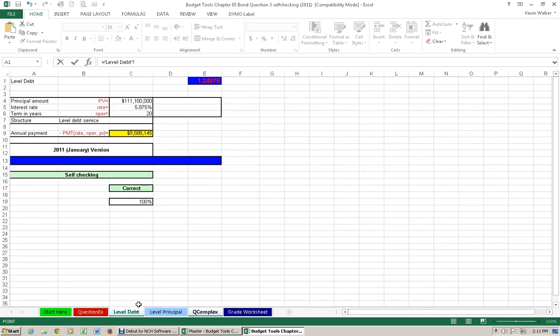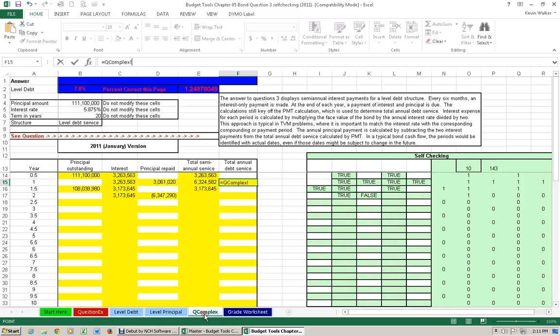We've already figured out what the level debt annual payment's going to be. Well, this is simply, let's just do it this way so that doesn't keep coming up wrong. Just put this in every cell because it's the same number, it's the same formula. You've already worked it out.